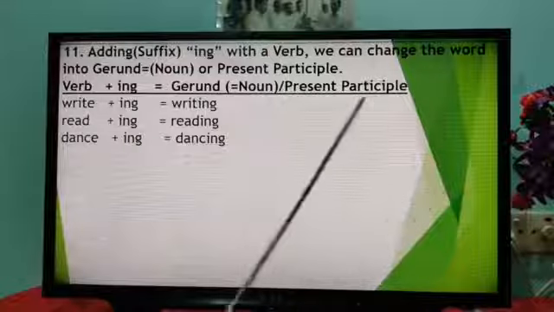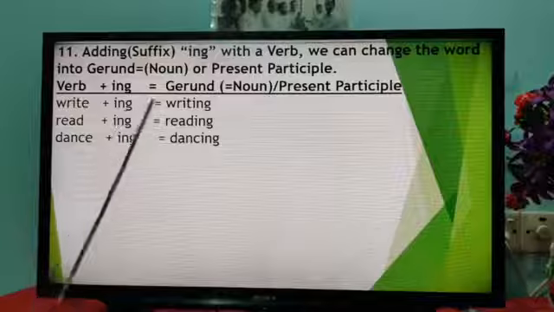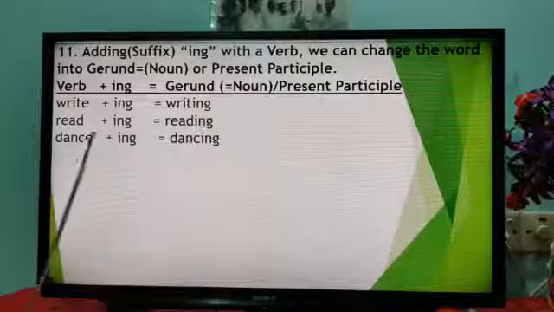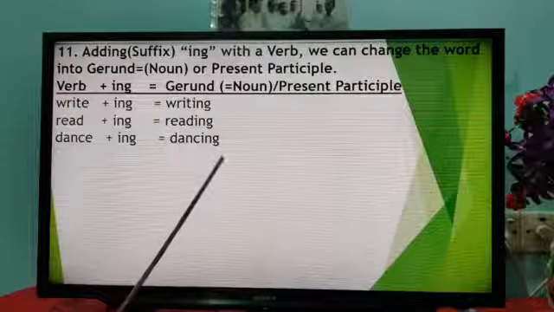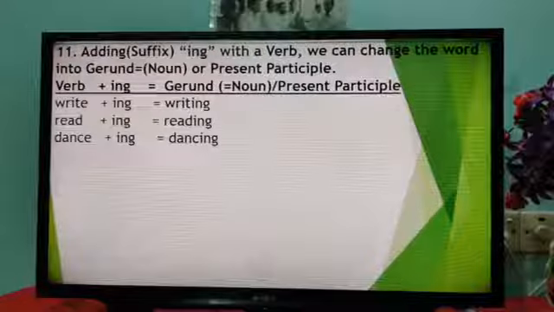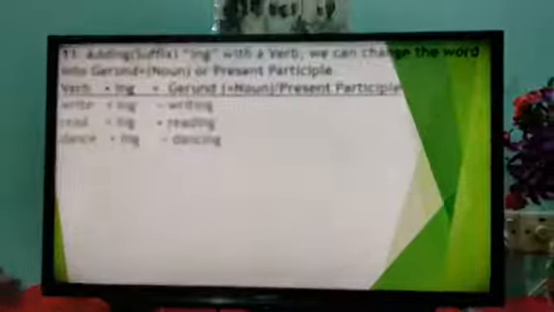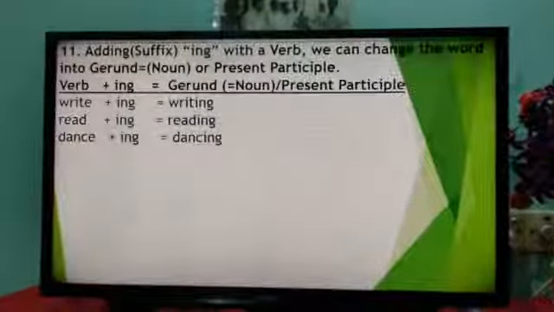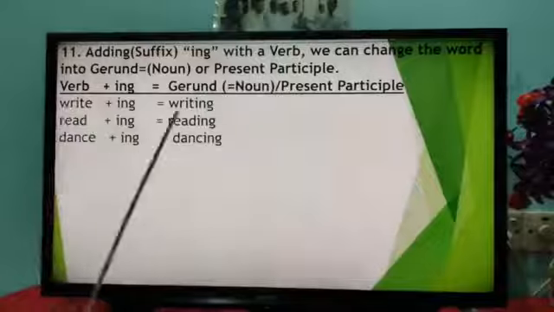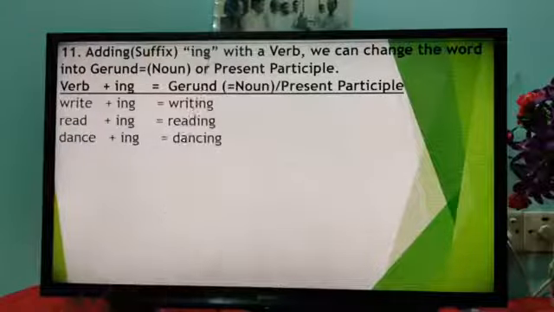Suppose write, writing. Read, reading. Dance, dancing. Writing is used as a noun, or writing is also used as an adjective. So in both these cases we can use ing. Clear?